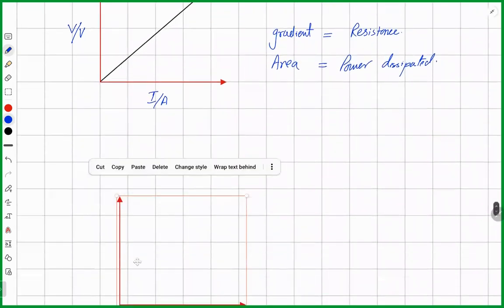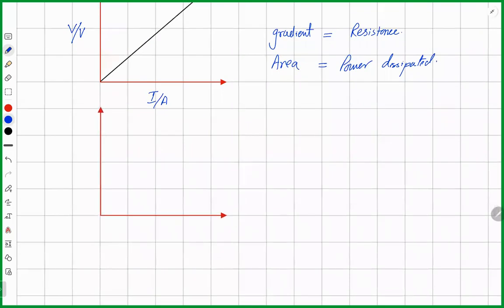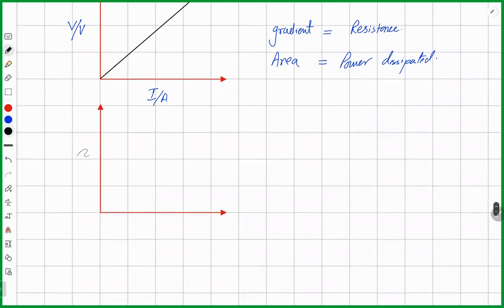Let's do one more graph as an example. If we have restoring force on y-axis and extension on x-axis, and the graph is something like this.